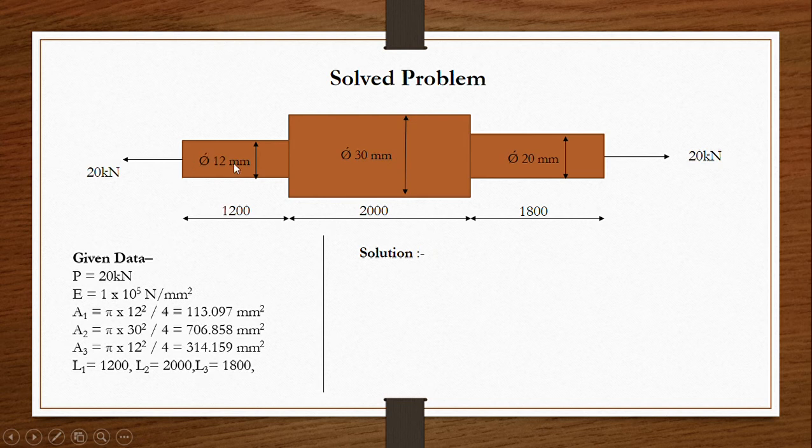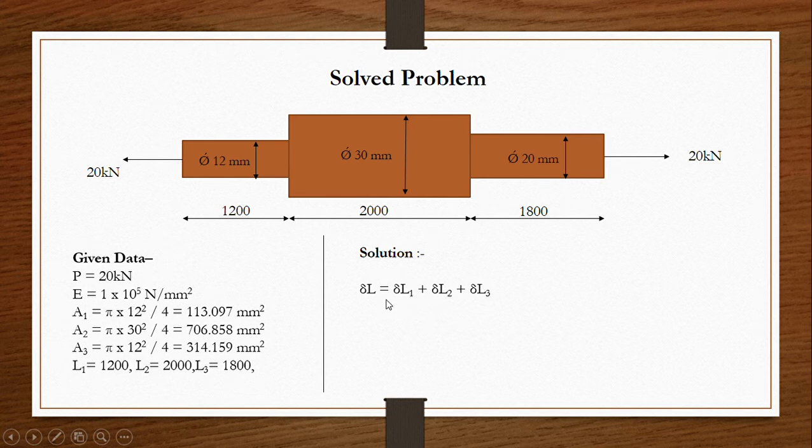The cross-section area A1: here the diameter is given, that means it will be a circular section. So the area of a circle will be pi by 4 d square. Put in the values of d1, d2, d3, and we can calculate A1, A2 and A3. The lengths are as given.